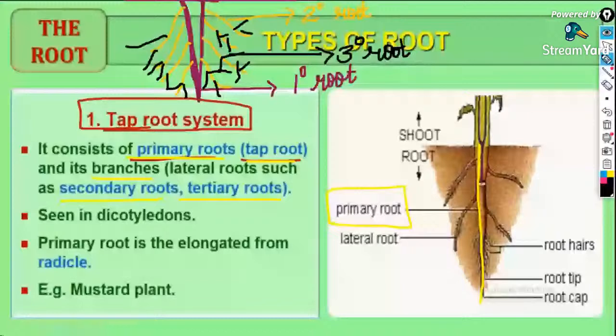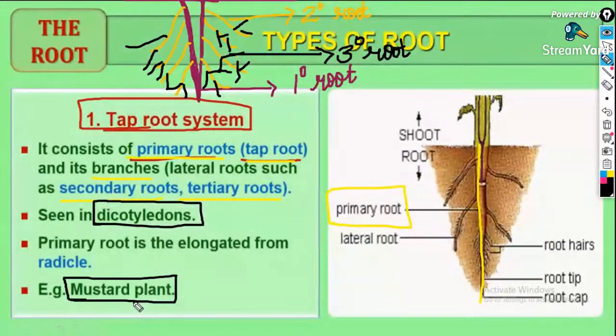Yes, the taproot system is the characteristic feature of dicot plants. What is an example of a dicot plant? It is mustard. After we complete this chapter, we will get a huge number of examples. So this is your first example that you are studying. All these chapters are related. So please take your NCERT. You may have a blank page at the last, after the NCERT questions, right?